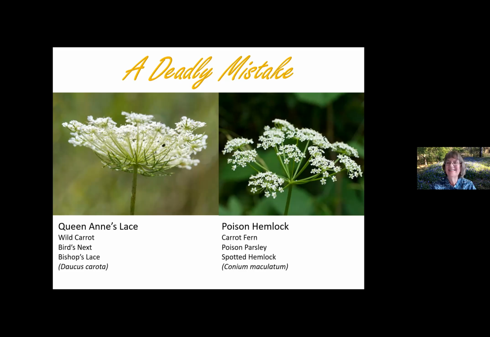But in different environments, poison hemlock will be a little bit more stunted, and Queen Anne's lace can get a little bit higher. So you don't always want to go on the height, and at different times of year they're going to be more comparable, but more often than not, poison hemlock is going to be the taller of the two plants.